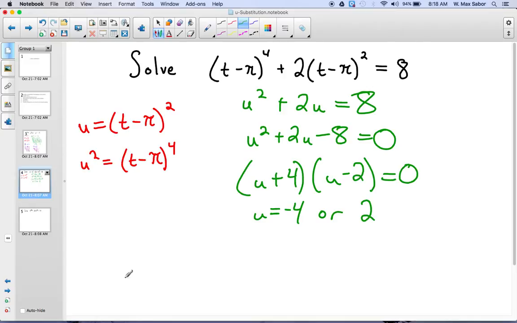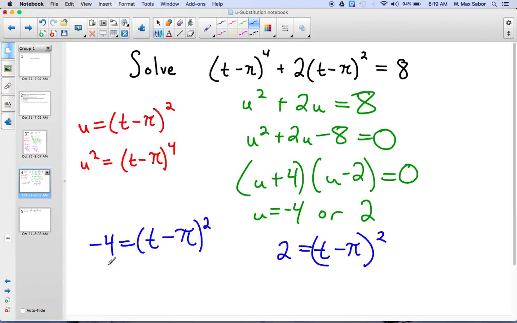Now we can substitute that back in. So -4 equals t minus pi squared, or 2 equals t minus pi squared. Square rooting both sides gives plus or minus 2i equals t minus pi.